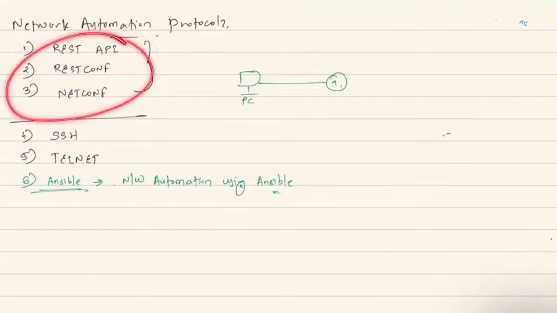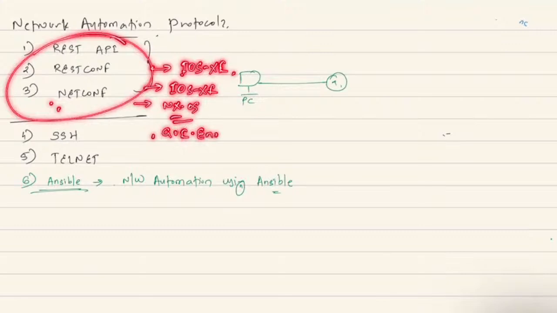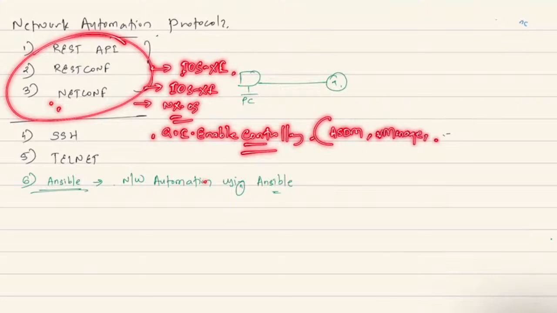And these protocols can only be configured onto platforms like IOS XE, IOS XR and NX-OS, or onto GUI enabled devices or controllers. For example, ASA uses ASDM, Application Security Device Manager, or SD-WAN uses a controller called vManage that gives you a GUI dashboard.